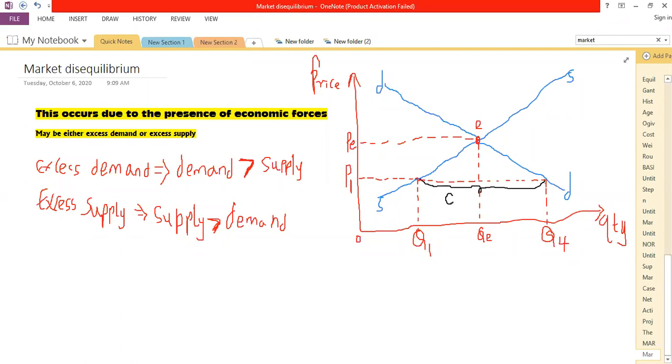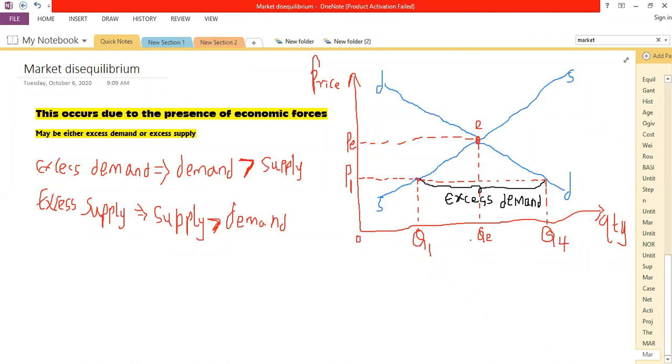This difference is what we call, look at this, the amount demanded at Q4 minus the amount supplied at Q1 units. The demand is overwhelming whatever has been supplied in the market. This is what I can call the excess demand. Whatever has been demanded at that price of shillings P1 is actually more than what we have supplied in the market. So we talk of an economic force known as excess demand. Q4 units demanded are more than the Q1 units supplied.